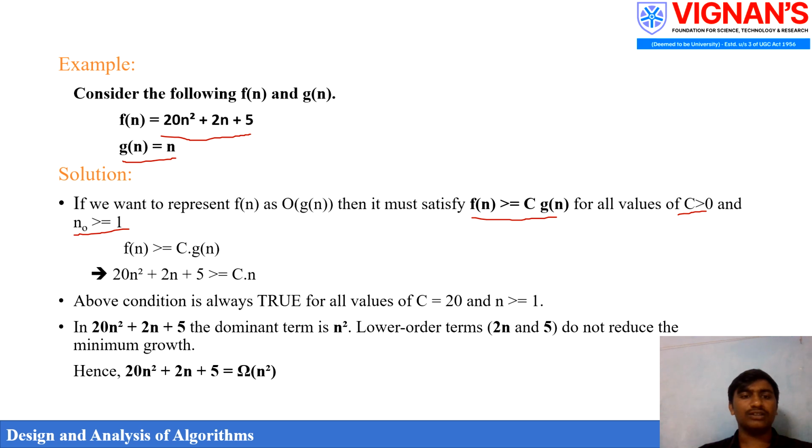The above condition is true for c equal to 20 and n greater than or equal to 1. Then the best case time complexity is omega of n square.